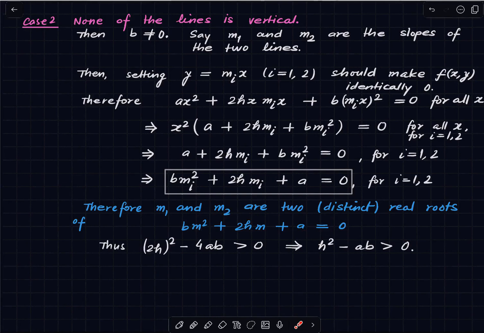If m1 is a root, then y equals m1x would satisfy this algebraic expression, and similarly for y equals m2x, and hence you get two distinct straight lines captured by that algebraic expression.